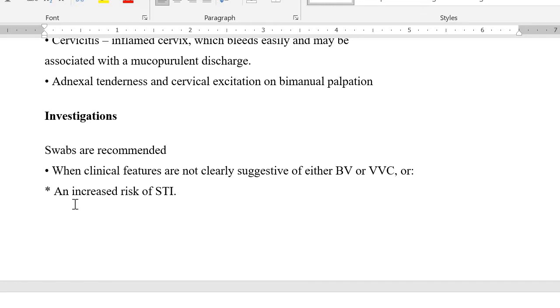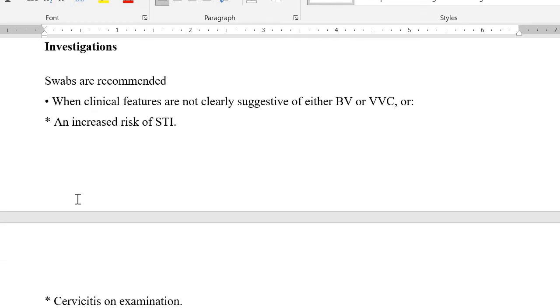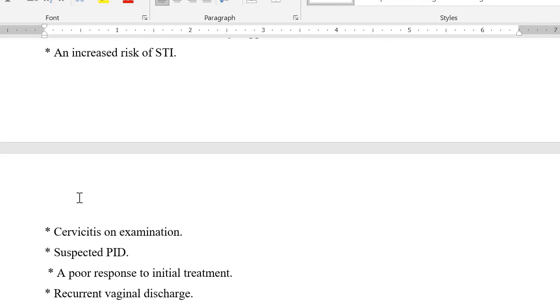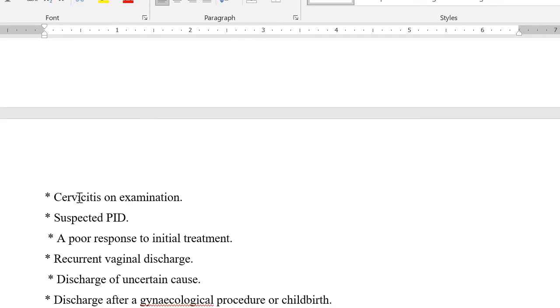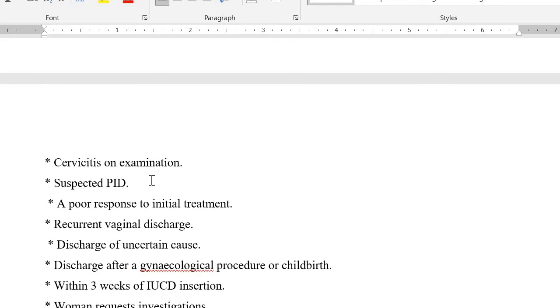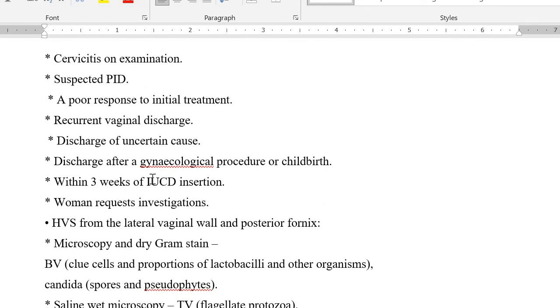Okay. If this patient has these infections, she is at an increased risk of STI. Just assess whether she is in the high-risk age group, less than 25, and whether her behavior puts her at risk, like being sexually active with many people. If she has cervicitis on examination, then you should suspect PID.